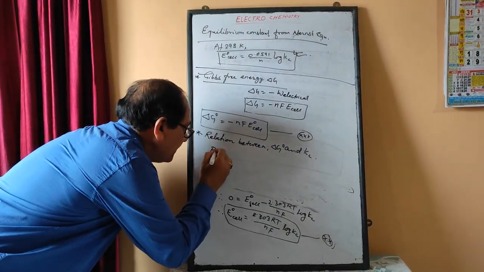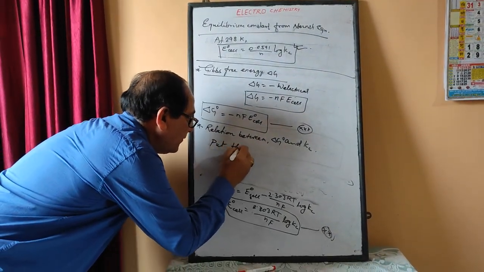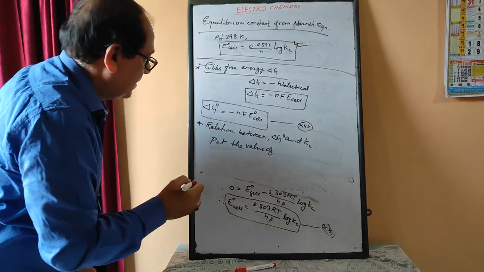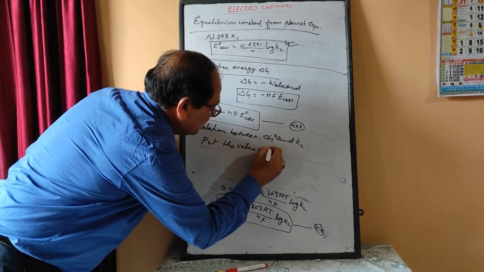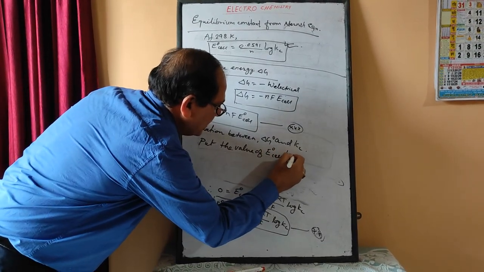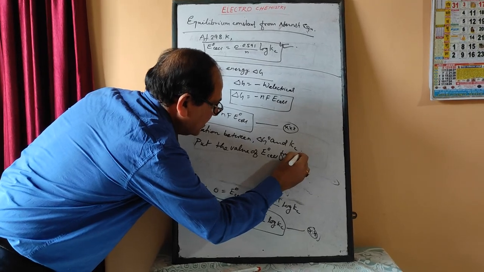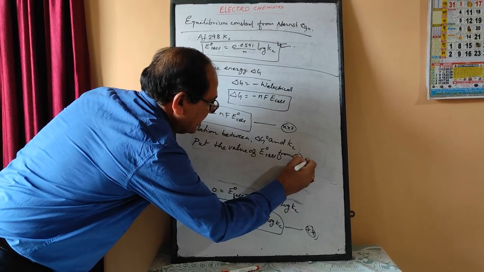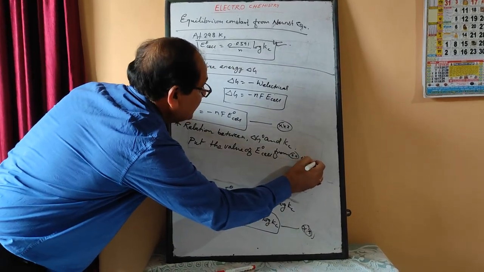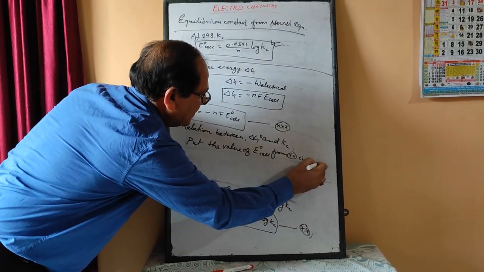Put the value of E naught cell from equation double star into equation triple star.